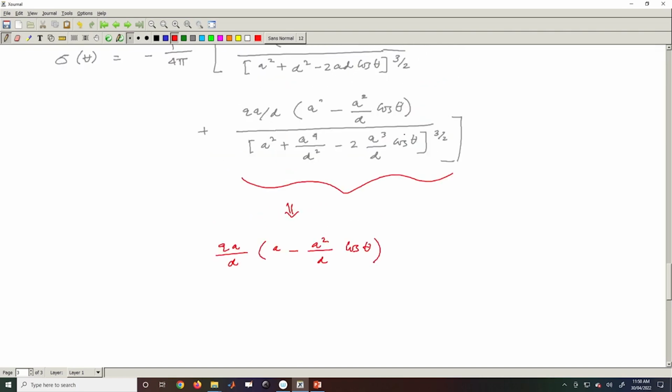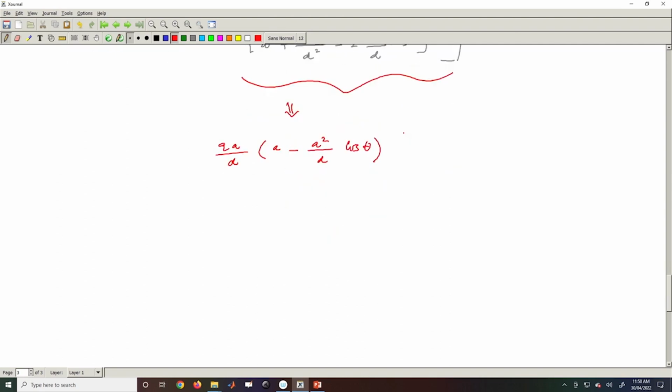For the denominator I will make a change, I take common a cube. If you take this, then I have d square plus a square minus 2 a d cos theta whole to the power 3 by 2.